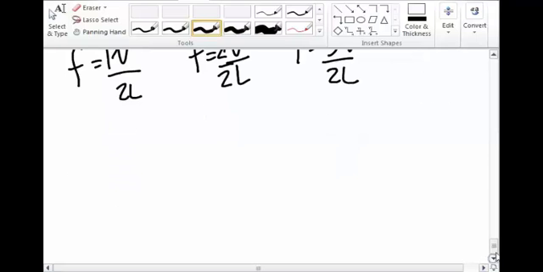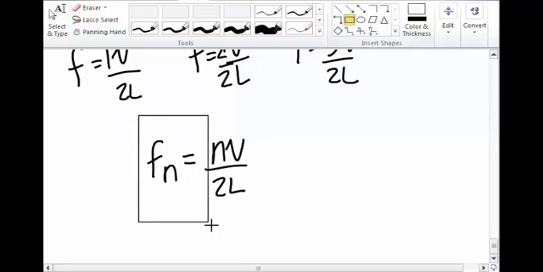So again, my equation for open-ended pipes, when both ends are open, is still F sub n is equal to NV over 2L. But what do you think my velocity is here?